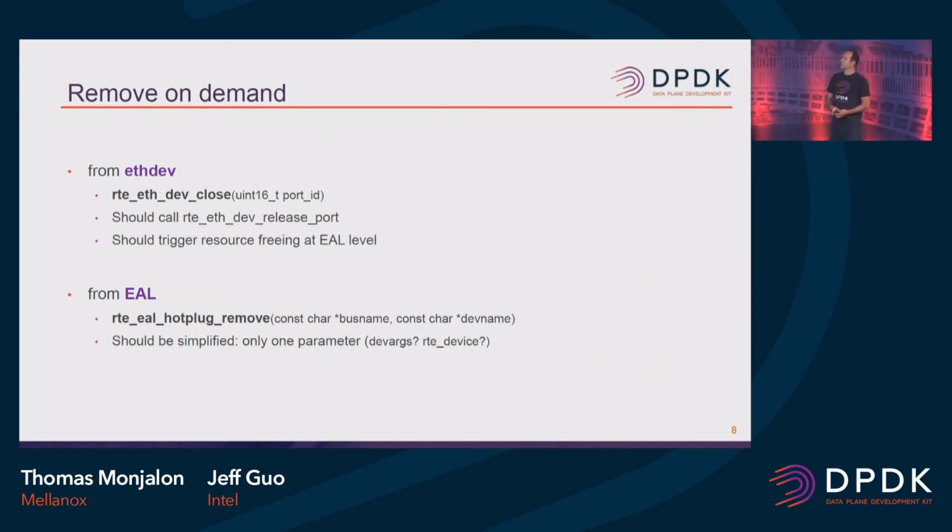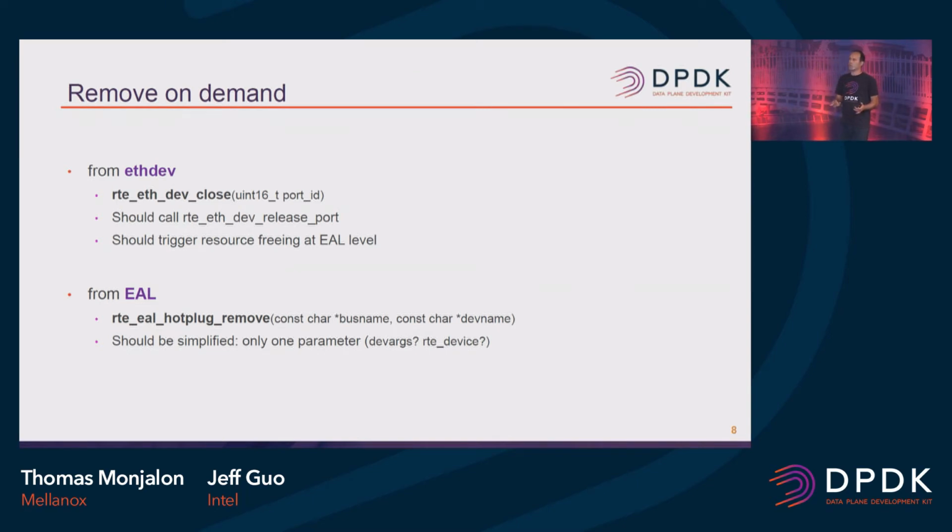Now, the same thing for removing some ports. So maybe the application just wants to remove a port, not necessarily a hardware device. The application sometimes does not know the hardware device. So what is the best API to close a port? Obviously, it's ethdev close.